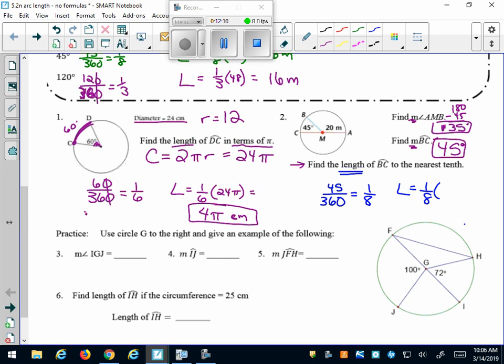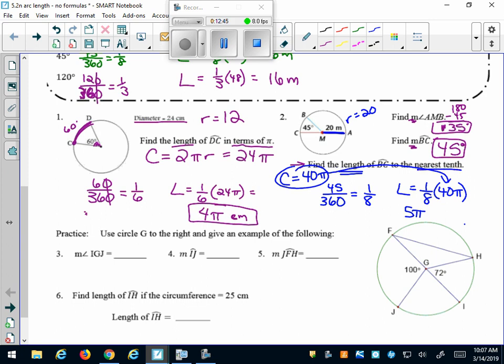Okay, so what is the radius of this circle? 20. So we need circumference. Circumference equals 40 pi. That's what goes in here. 1/8 of the whole circumference, which is 40 pi. What is 1/8 of 40? 5. So 5 pi is our length of BC.